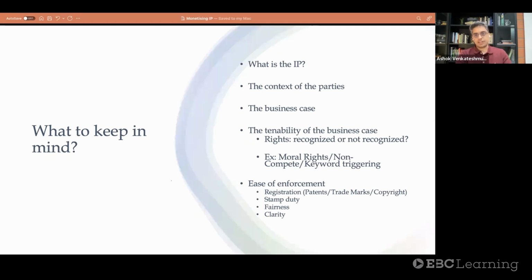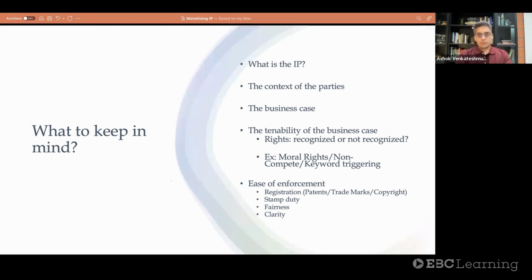The next question that we have to, of course, ask ourselves is, how do we then take these basic principles applicable to contracts in general, and how do we then apply it to contracts involving IP? Could be a non-disclosure agreement, could be a technology transfer agreement, could be a consulting agreement where the consultant is in India and the client is in the US, right? And then ask ourselves, how do we apply those basic principles to the IP contracts in question?